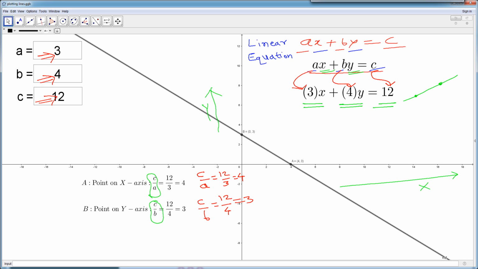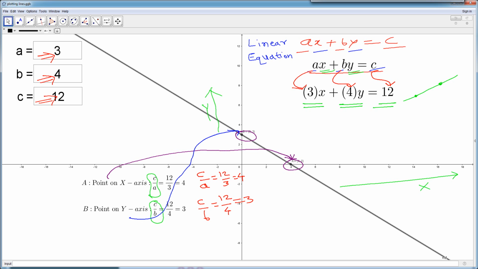So here we plot the point 4 on the x-axis. This is the point on the x-axis, and we plot the point 3 on the y-axis. This is point 3 which is on the y-axis.